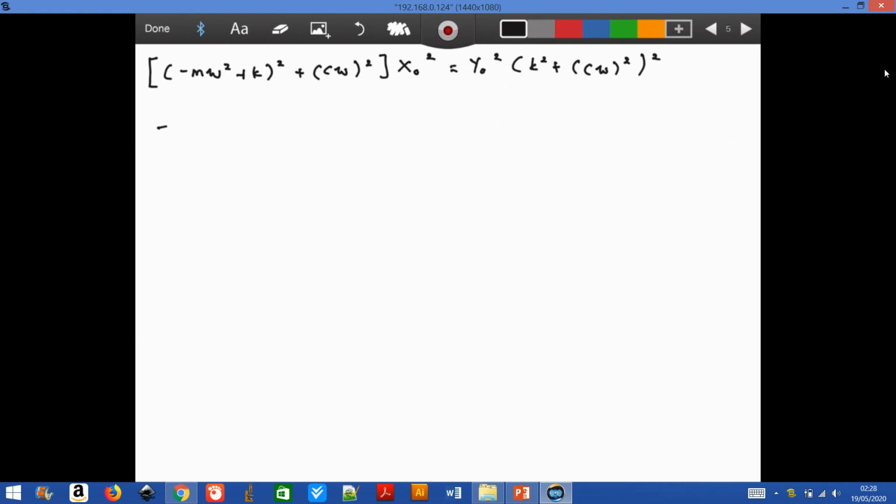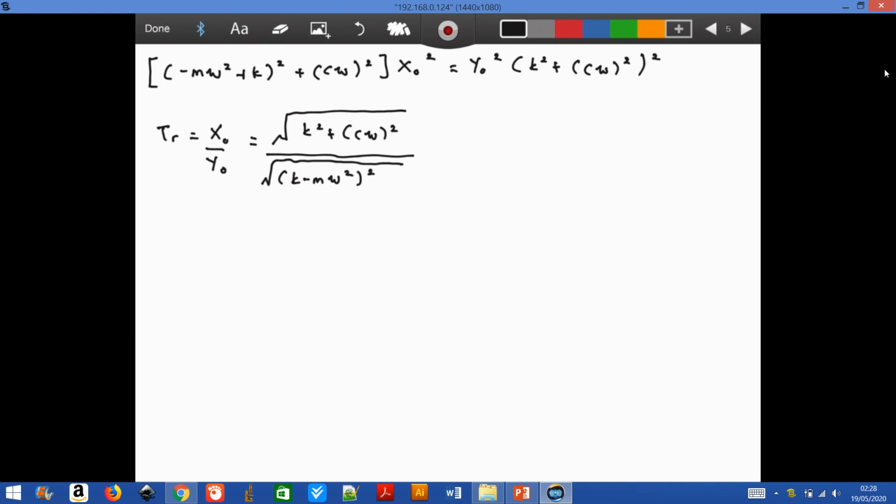So we can write it as TR is x over y, which in this case is xo over yo, which is square root of k squared plus (c omega) squared over square root of (k minus m omega squared) squared plus (c omega) squared.